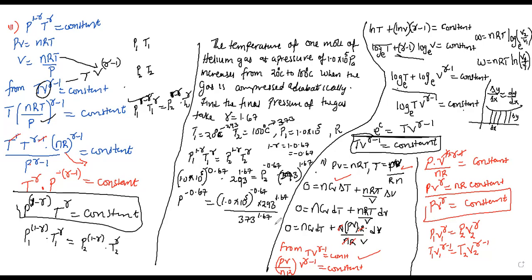The right hand side is 2.9848 exponent negative 4.